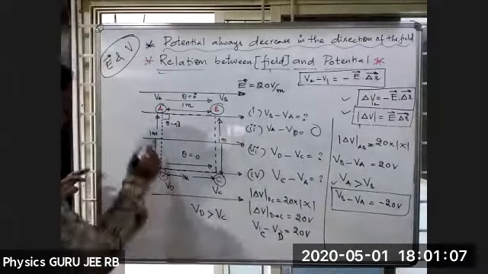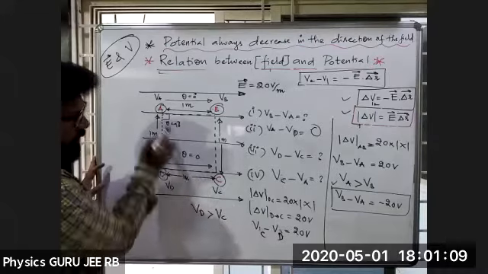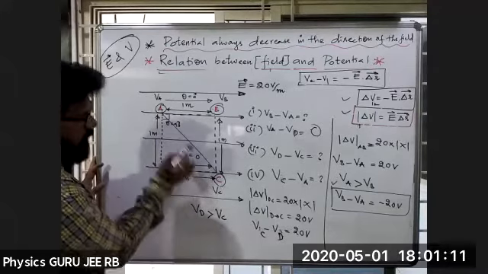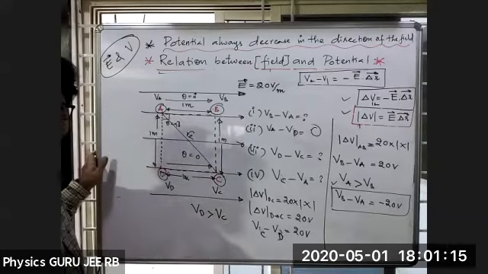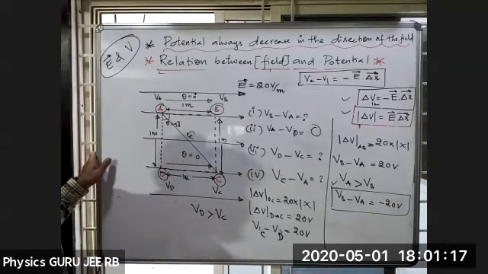C to D. C to D means C to A. That means this distance here will be under root 2, right? Will be what? Root 2. Now can you tell me the answer for it? Anybody?